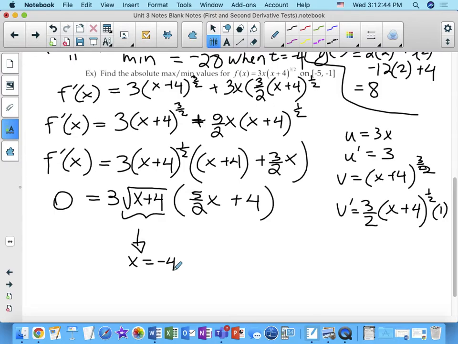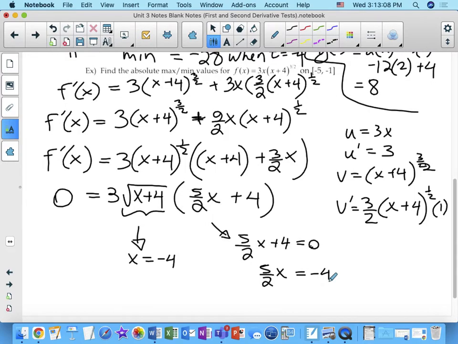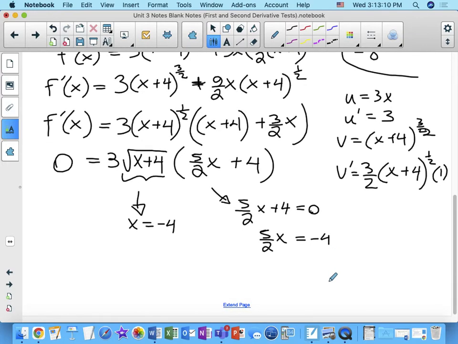From here, let's see, we're going to get (5/2)x + 4 = 0. So (5/2)x = -4, which means 5x = -8, which means x = -8/5.